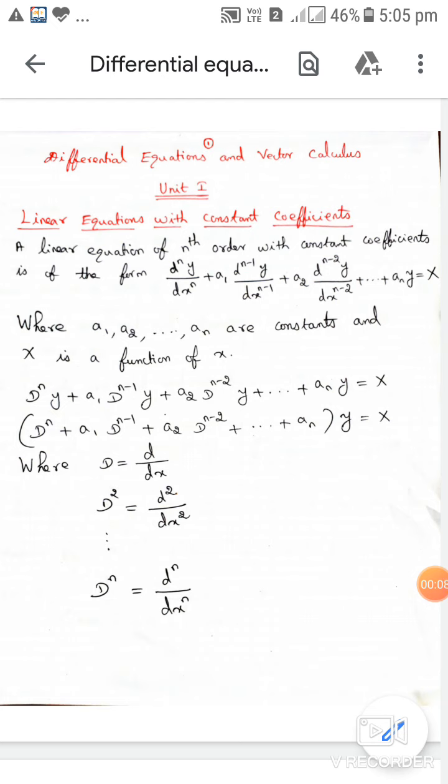In this video, we are going to learn about linear equations with constant coefficients.